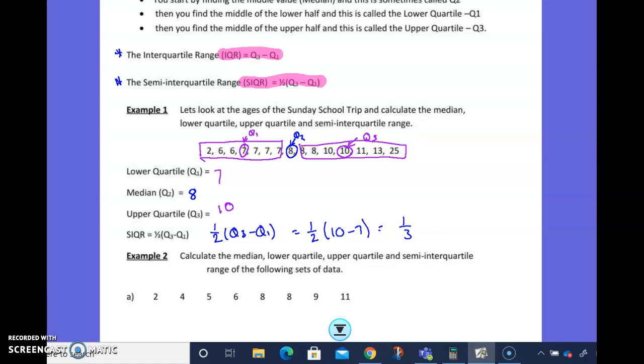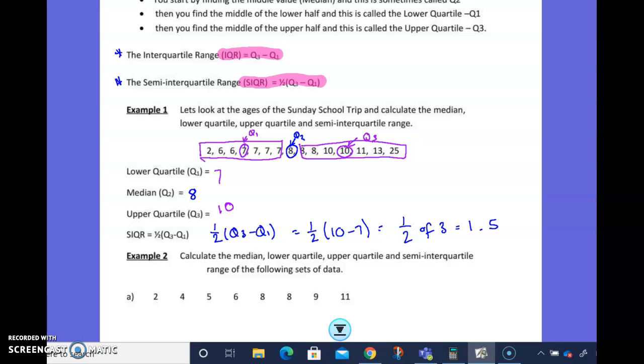Not where I wanted my 3. So it's a half of 3, which is 1.5. And you see that as a measure of spread, 1.5, is a lot more accurate than the 23 we got just from working out the range.